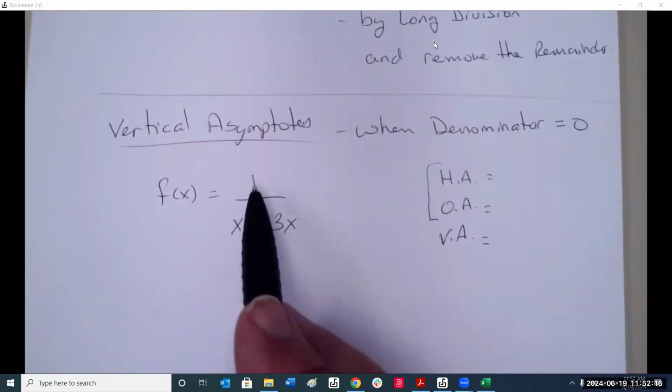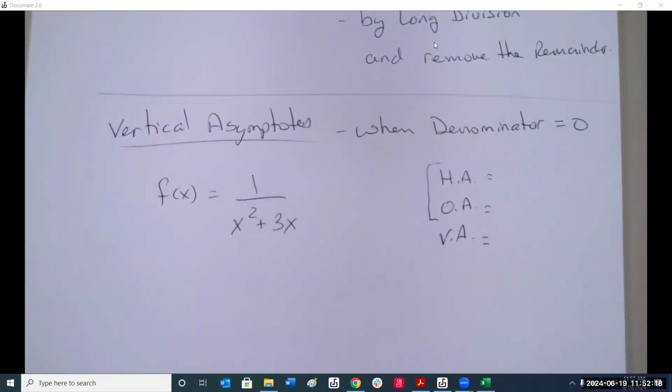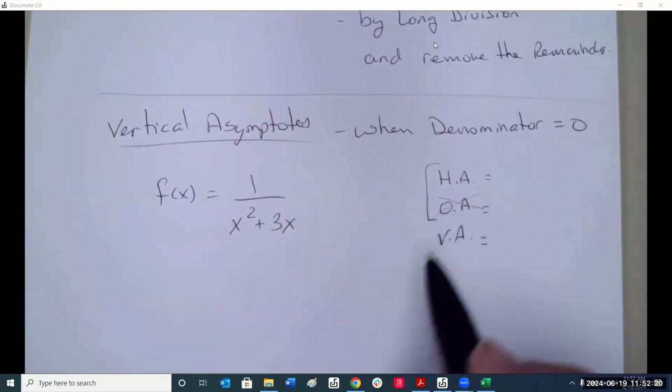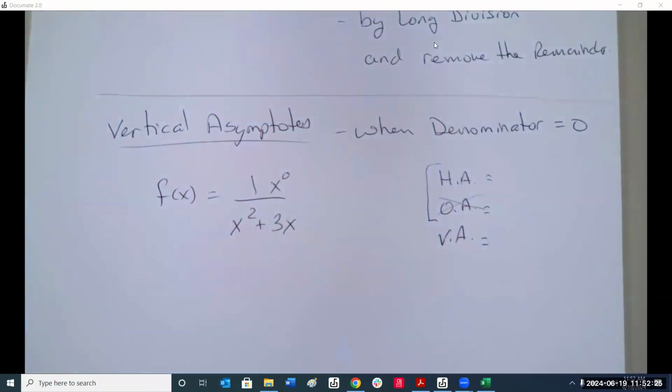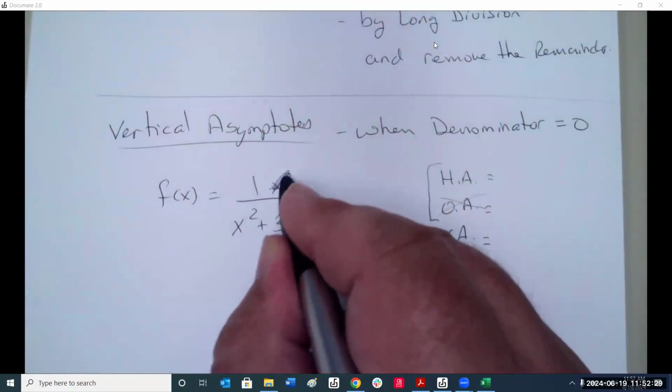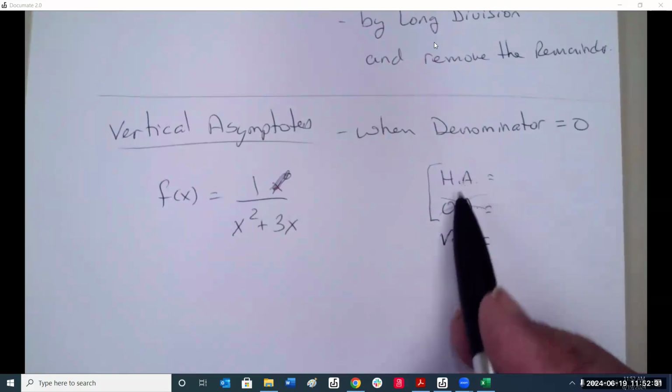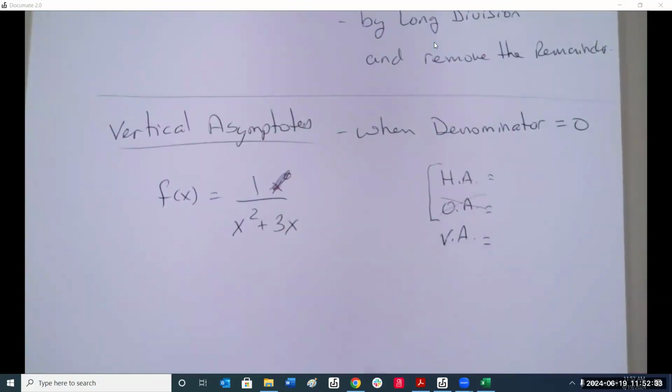Is that true here? No. So it's not an oblique because the x exponent here is 0. There is no x value. So we have a horizontal asymptote. There are more x's on the bottom. So where's the horizontal asymptote?